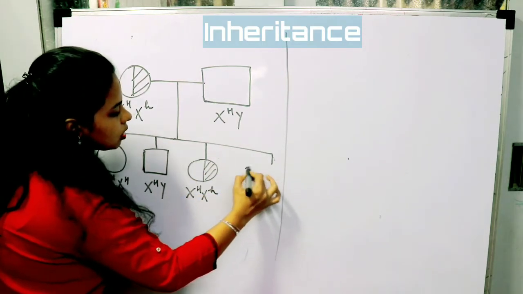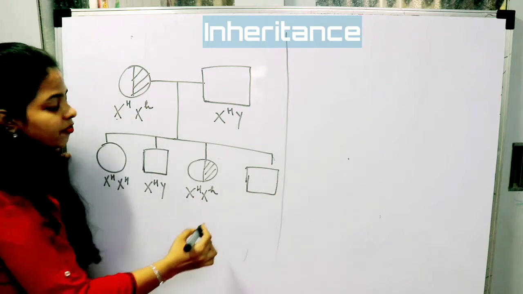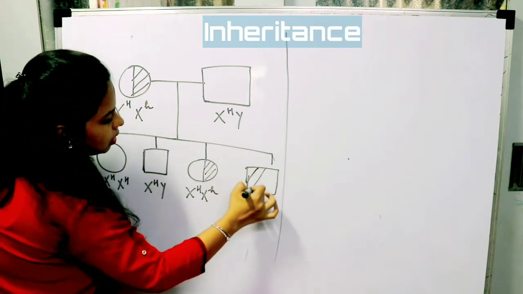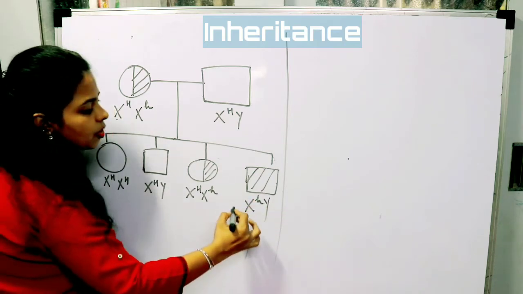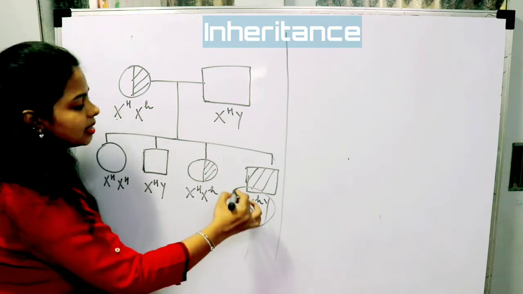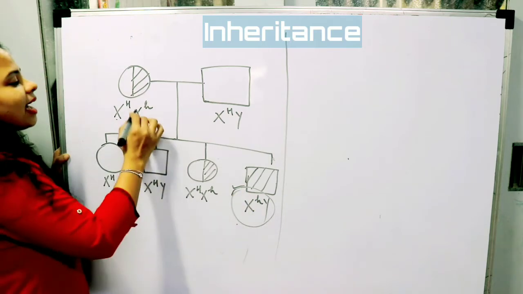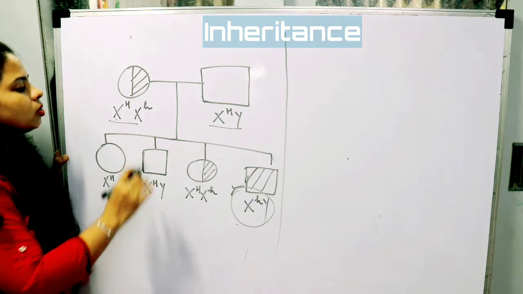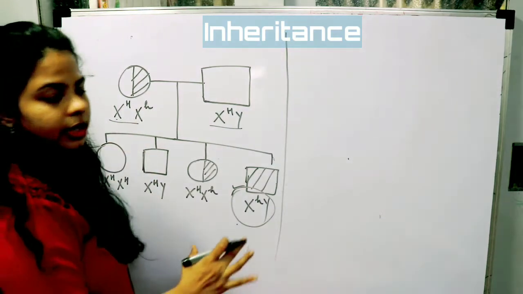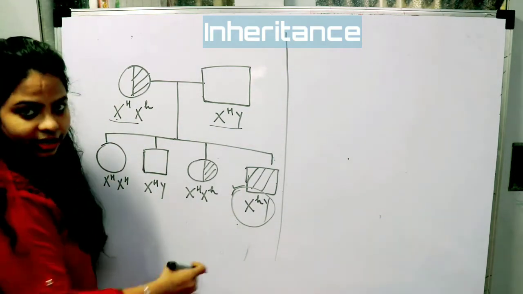And the fourth outcome is a hemophilic male, X small h Y. So the chance of obtaining a hemophilic or affected son arises when a carrier female marries a normal male. There should be a carrier or affected female, and only then will you have an affected son.